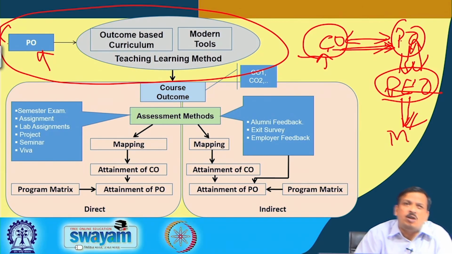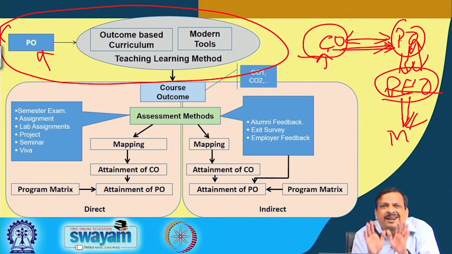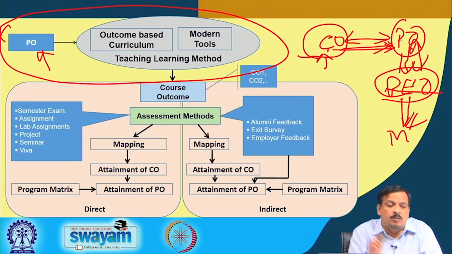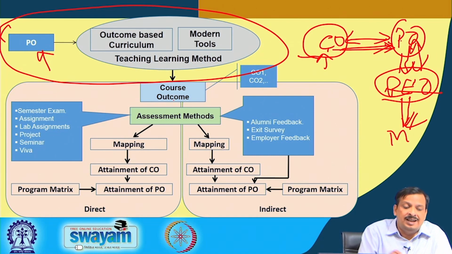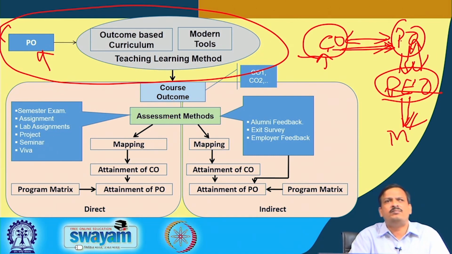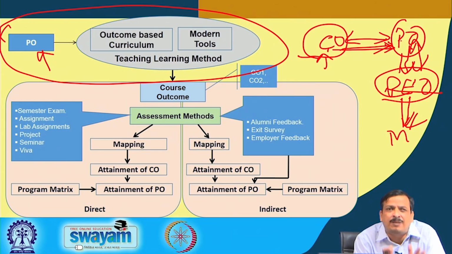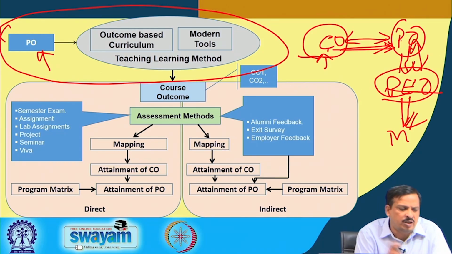Now, I know the course outcome, let us think about the attainment of course outcome. For the course outcome, the assessment methods are direct and indirect. The direct method is the assessment procedure. What is the procedure?